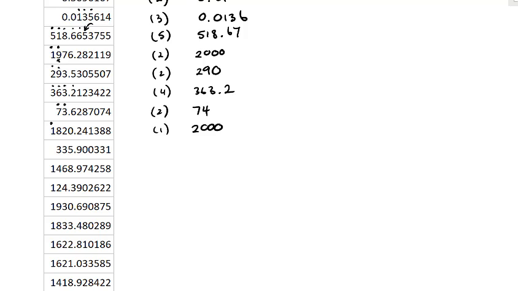Let's do this one to 2 significant figures, so 1, 2, you round based on this, so the answer is 340. It rounds it up. Okay, let's do this one to 4 significant figures, so 1, 2, 3, 4. This one rounds it up, so we have 1, 4, 6, 9.